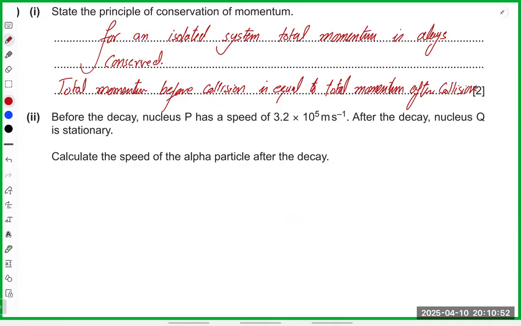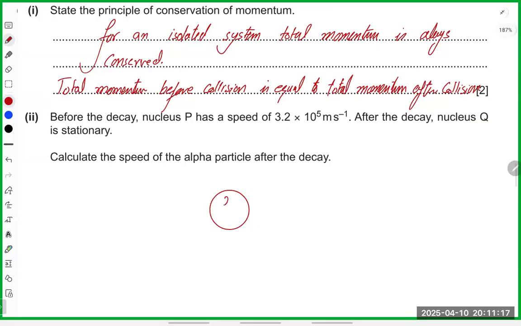Before the decay, the nucleus P has a speed of 3.2 into 10 to the power 5 meters per second. After the decay, the nucleus Q is stationary. Calculate the speed of the alpha particle after the decay. So all the momentum of this thing is converted over there. This is something with a mass of 215 moving this way with a velocity of 3.2 into 10 to the power 5 meters per second.